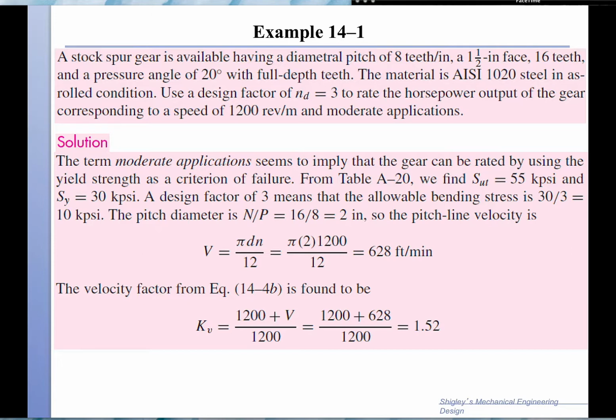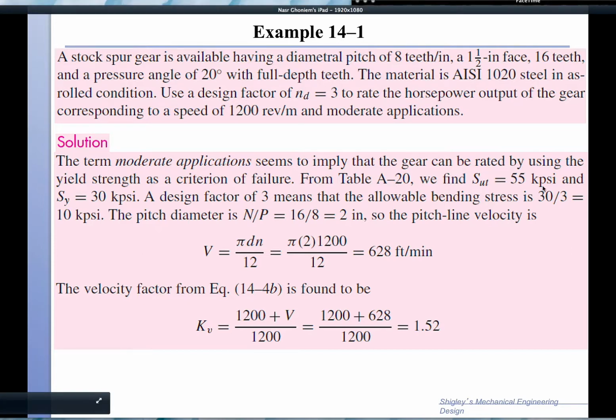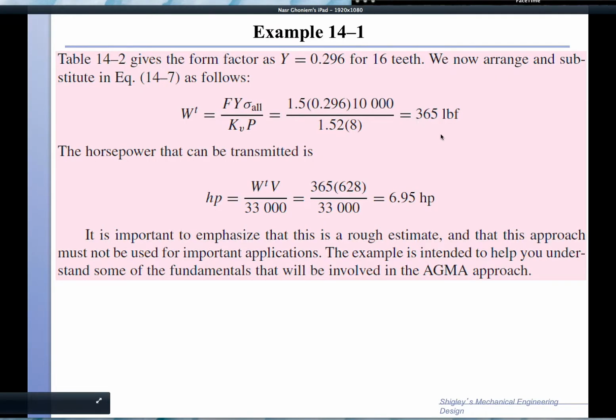Because we have the ultimate strength is 55 and the yield strength is 30, and when we have a design factor of 3, meaning that we divide 30 by 3, you get an allowable strength of 10.